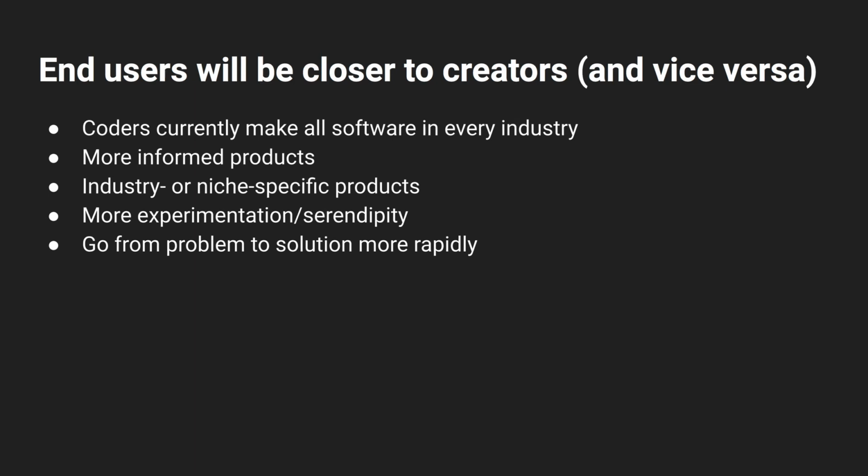But in the future, when we see the people in the niche industry are the ones making the software for them and their peers to use, that's going to be better software, more informed, handling their problems better. It's going to be more accessible software that would incorporate the exact use cases and needs of the users using that product.